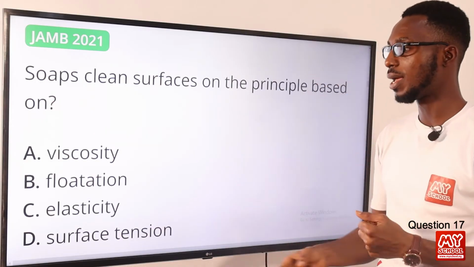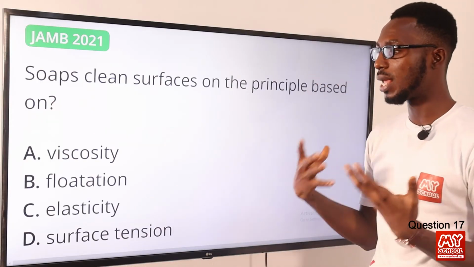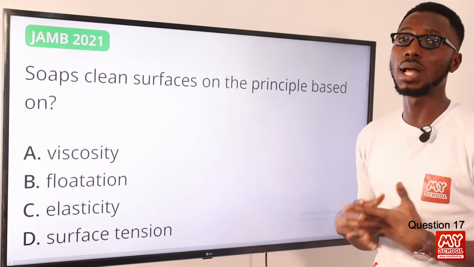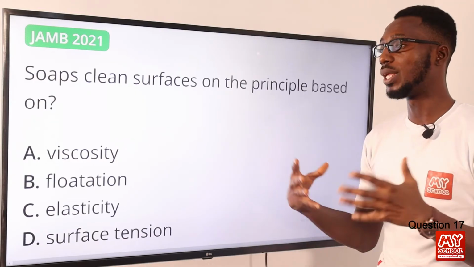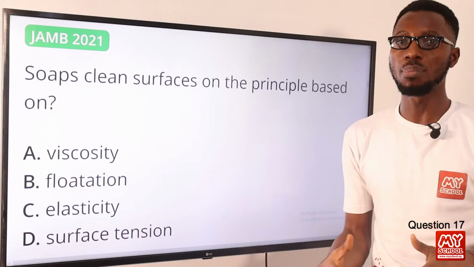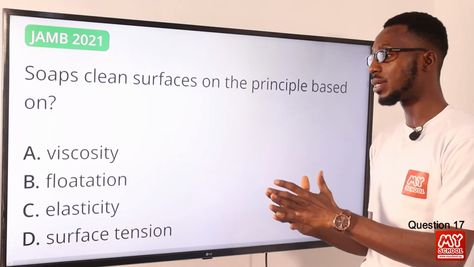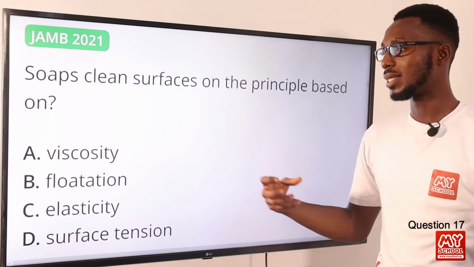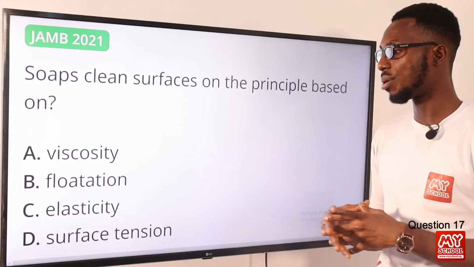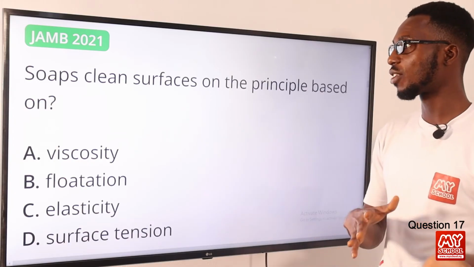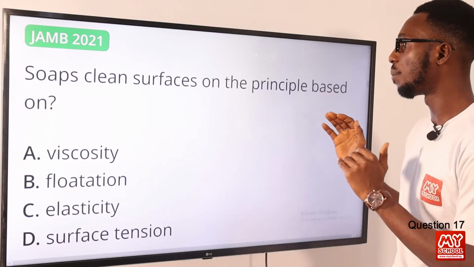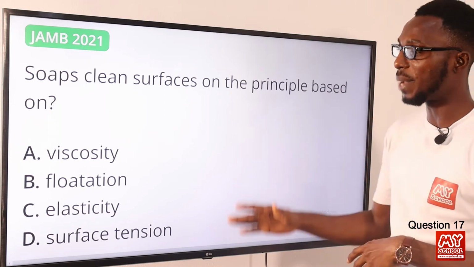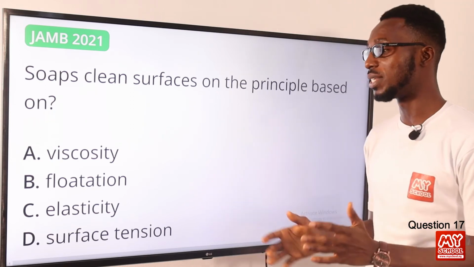Elasticity is the ability or tendency of a body to regain its original shape after it has been compressed or extended. So surface tension is the correct option here. Soaps clean surfaces on the principle based on surface tension. So option D is correct.